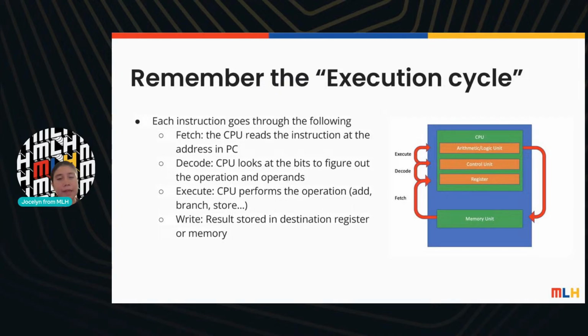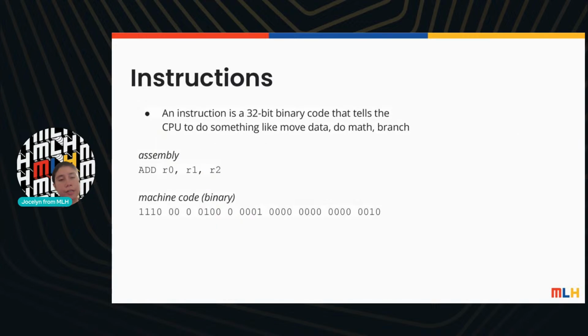Okay. And then this is how instructions are executed inside your CPU. The first step is fetching. The CPU reads the instruction at the address in the program counter. So the instruction can be like add R1 plus R2 and store in register 0.